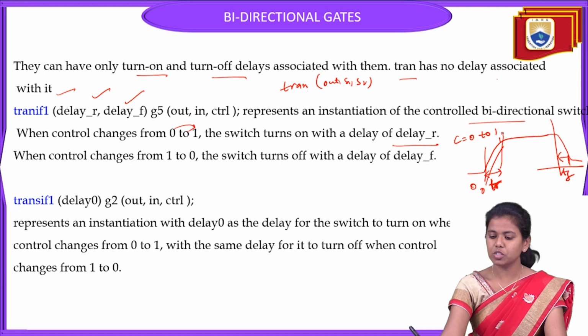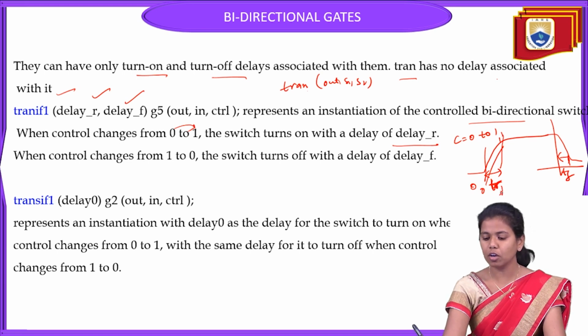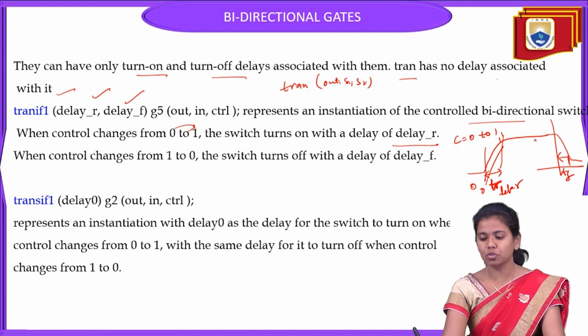When the control signal changes from 0 to 1, there is a delay with respect to rise. When it is changing from 1 to 0, we see the delay with respect to the fall. So the delay is with respect to the fall.